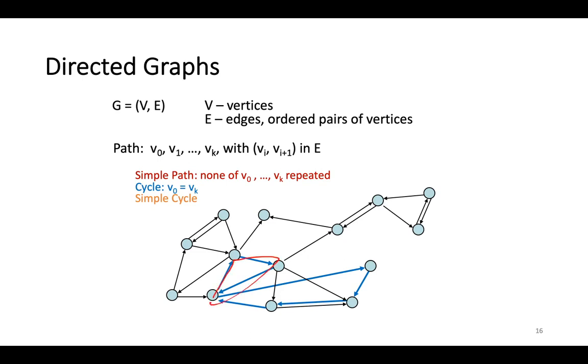Okay, we can also say this is a cycle, because there is a starting point and end point. If they are the same, it doesn't matter if there is any repetition of the vertex.